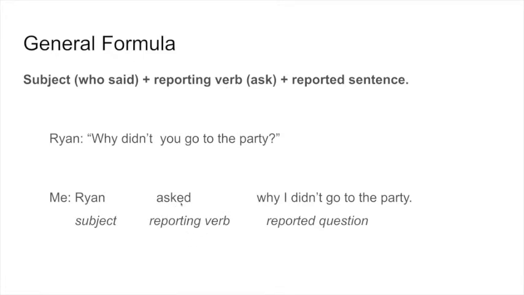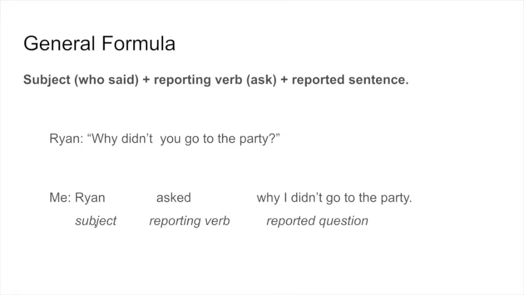In this case, we're using the past form because we are reporting it later. When we are saying what he asked us, it's something that already happened in the past. Ryan asked me in the past, not now, while I'm telling you. He's not asking me. He already did ask, so the reporting verb is going to be almost always in the past.